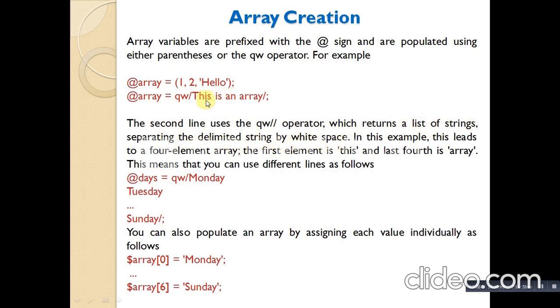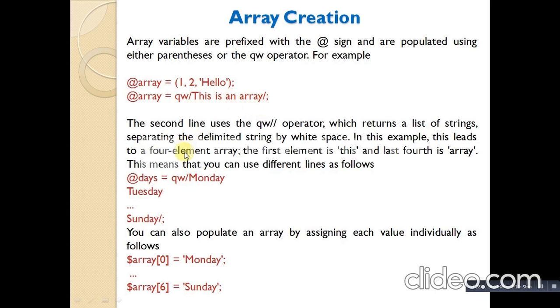It means that I use one slash and then I write this is an array, and one more slash I'm using, because qw uses slashes. The combination of the qw characters and the slashes becomes the qw operator. Now whatever I mentioned here, this is an array, becomes four strings. This is one string, is second one, and third one, and array is the fourth one.